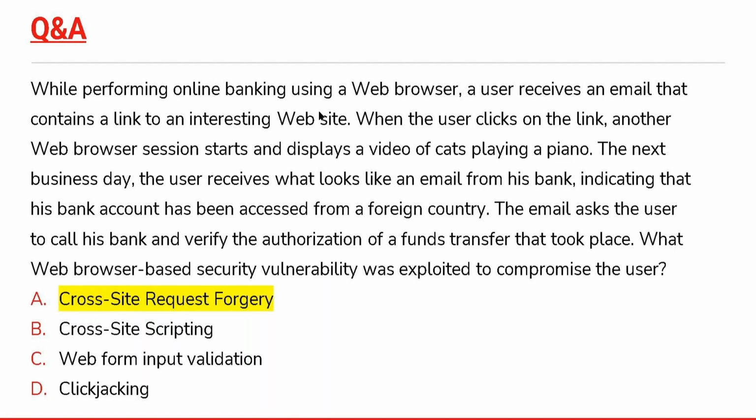Then the next day the user receives what looks like a mail from his bank showing that his account has been accessed from a foreign country, and asking the user to call his bank and verify the authorization of the fund transfer that took place. What web browser based security vulnerability was exploited to compromise the user?